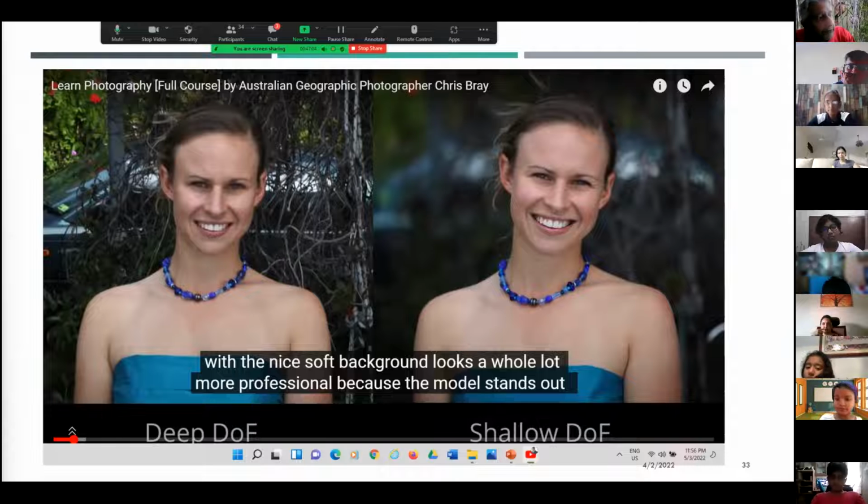DOF means depth of field, okay? And when your F number is small, like 1.4, F2.8, you get, on the right-hand side of this picture, a shallow depth of field. That's what DOF stands for, okay?